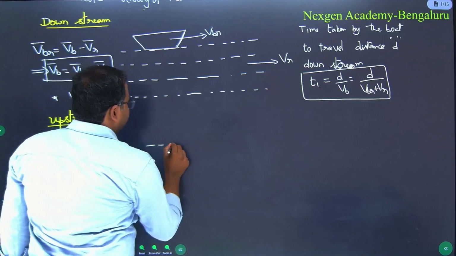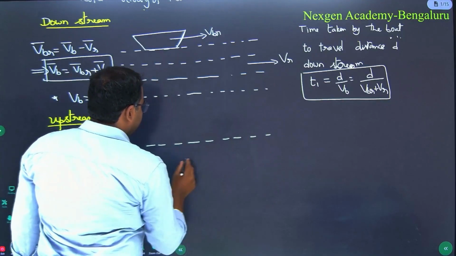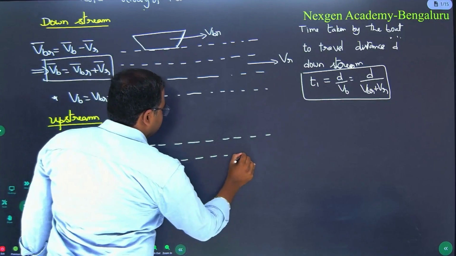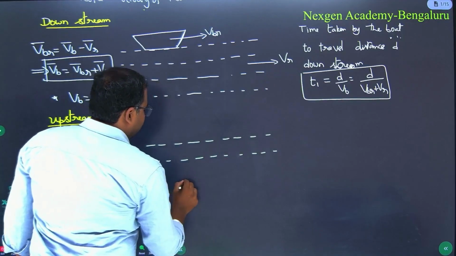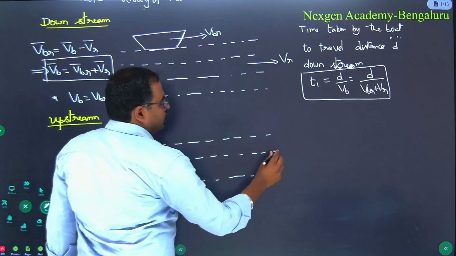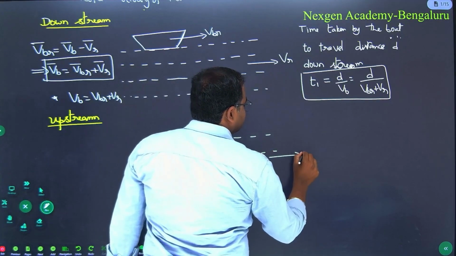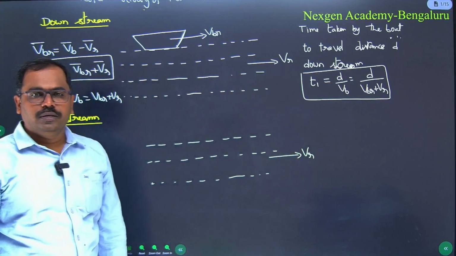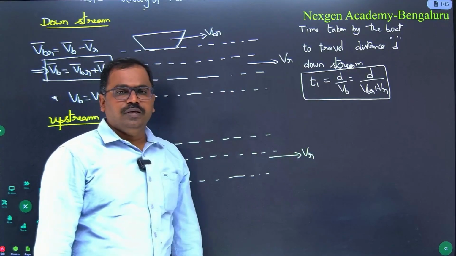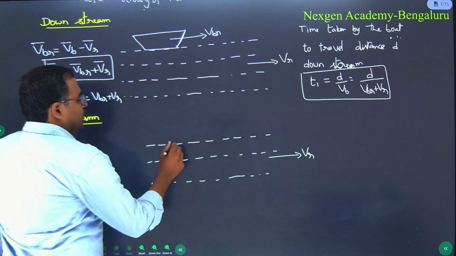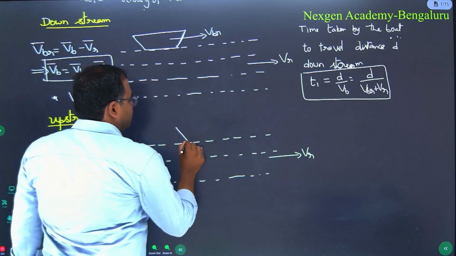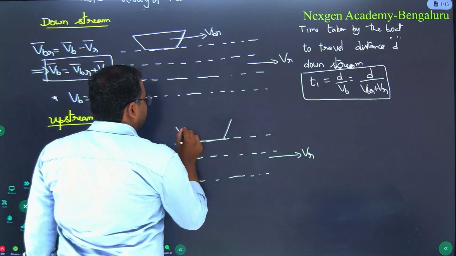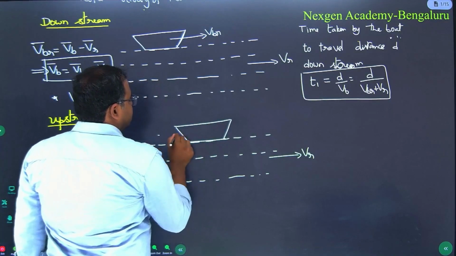Here we have the same kind of example. This is the water flowing with a certain velocity in a river. This is the direction of water flow in a river, with magnitude VR. And on the water surface, in the river, this boat is traveling in the opposite manner.